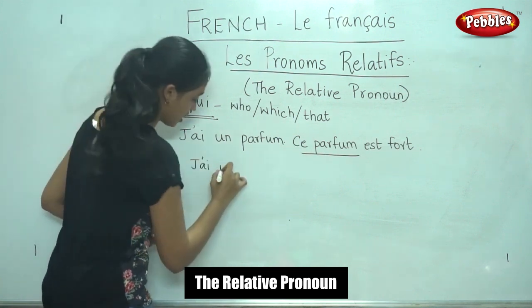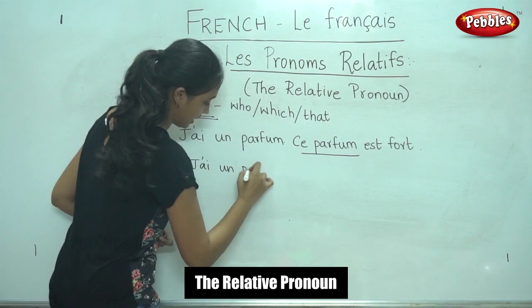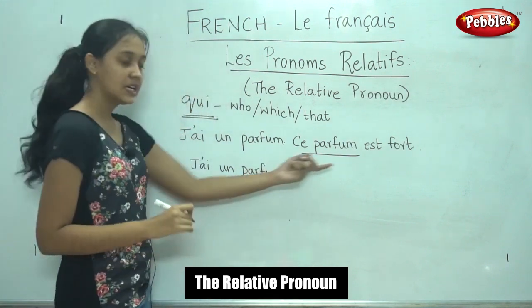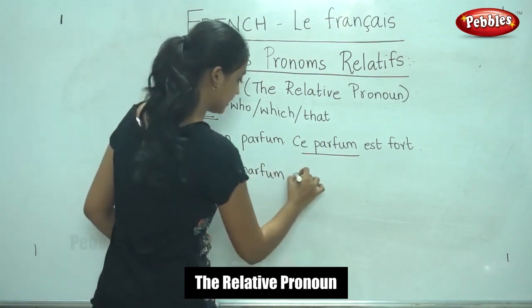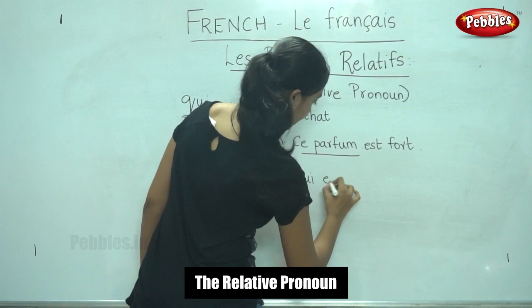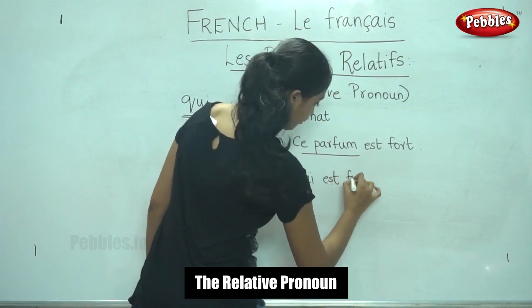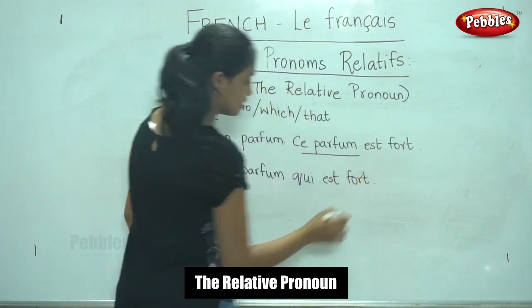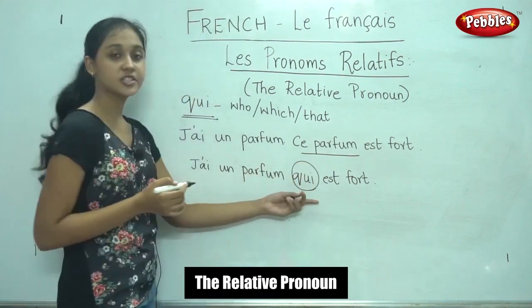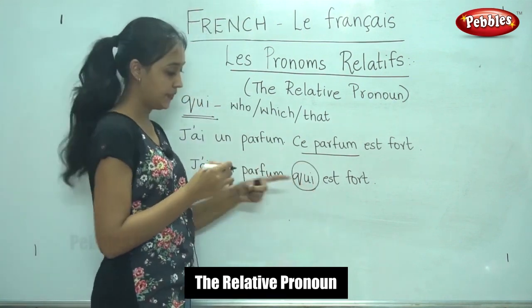J'ai un parfum. Instead of this, we would write qui. Qui est fort. So, have you understood the use of the relative pronoun qui?